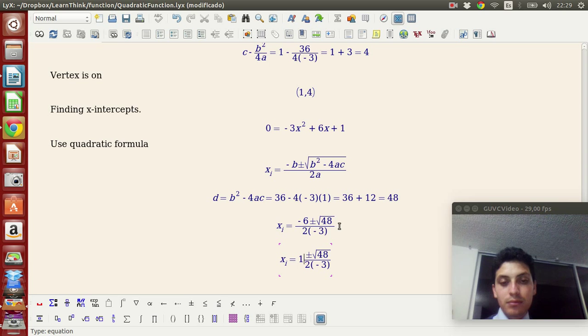So we can simplify this minus 6 here, or split the fraction.